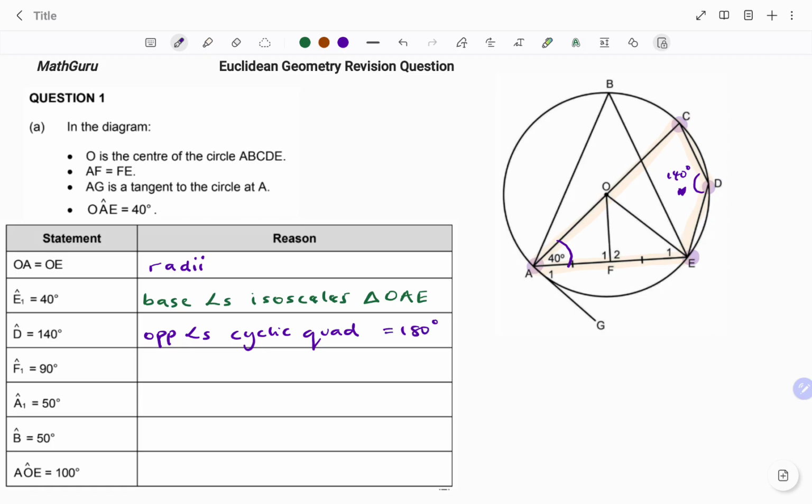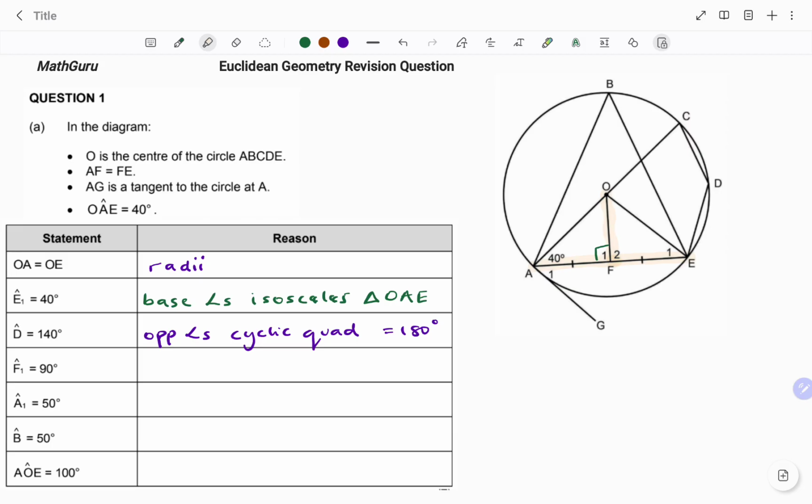The next statement says the angle F1 is equal to 90 degrees. So I have that as 90 degrees. If you look at the diagram given, we've been told that the line AF is equal to the line FE. And we have a line coming from the center of the circle to the line AFE.